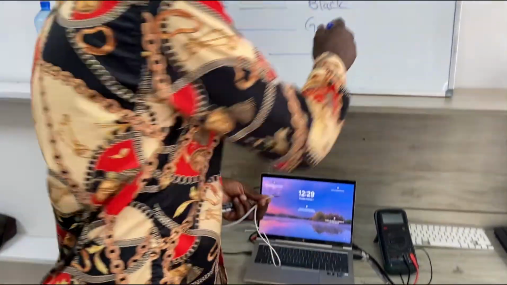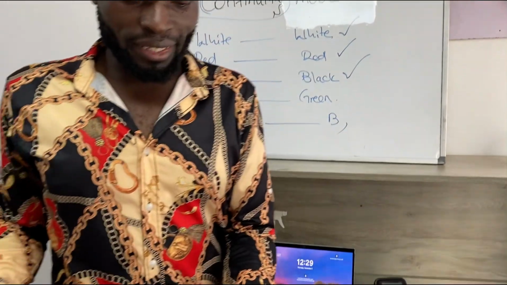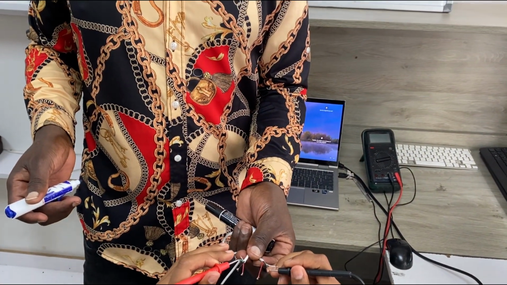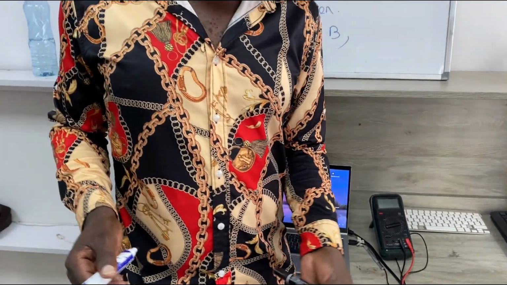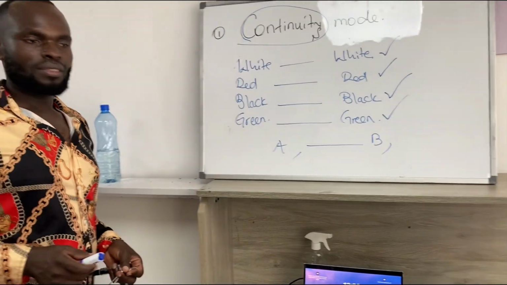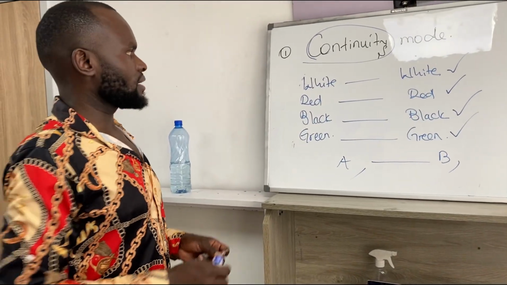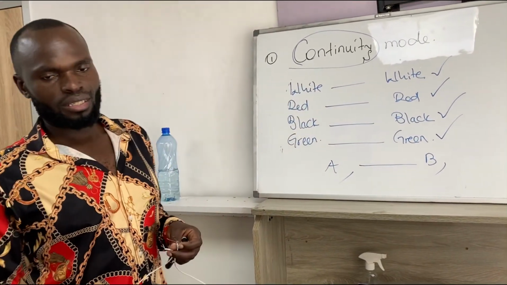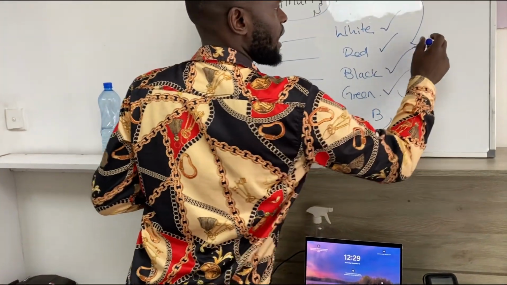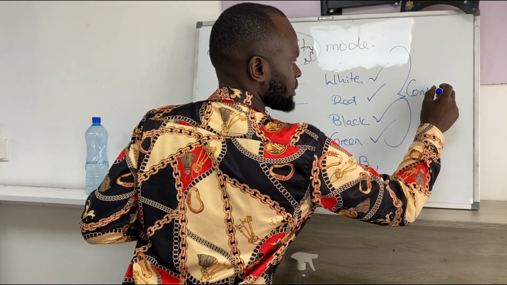Black, black is complete. We go to green, green. Green, green also is complete. So we have finished with the first section, which is continuous. We say all of these lines are continuous.